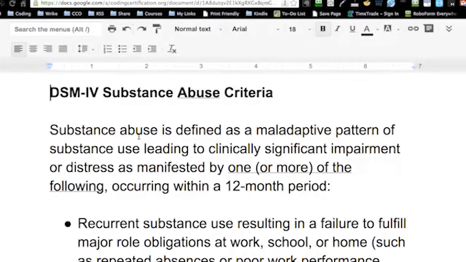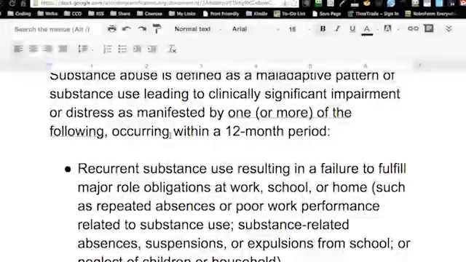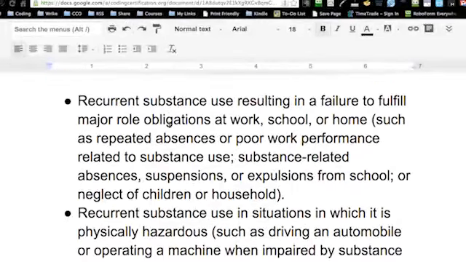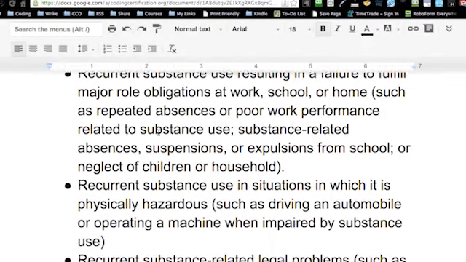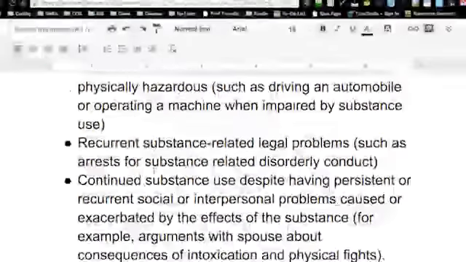Here we go. Substance abuse is defined as a maladaptive pattern of substance use leading to clinically significant impairment or distress. Now that's pretty much the same for abuse versus dependence. Here's where the differences come. They're going to have one or more of the following occurring within a 12-month period. Recurrent substance use resulting in a failure to fulfill major role obligations at work, school, or home. The second bullet, recurrent substance use in situations in which it is physically hazardous.